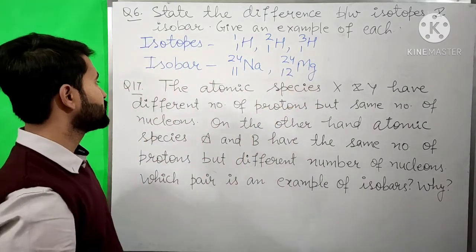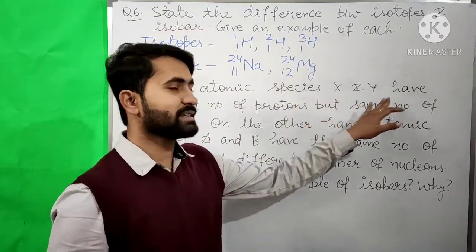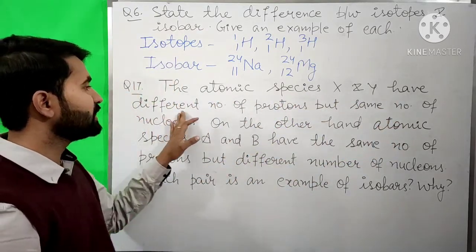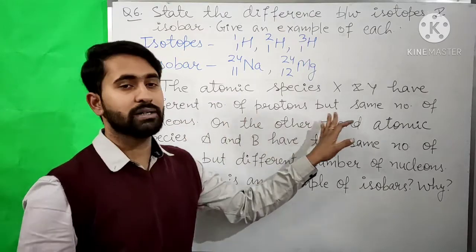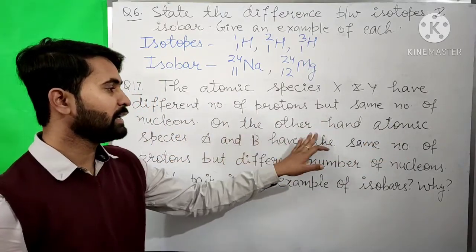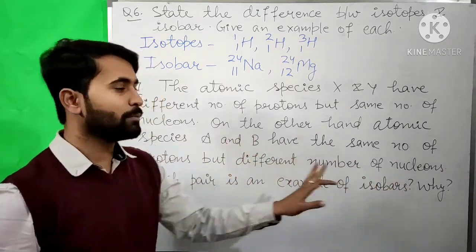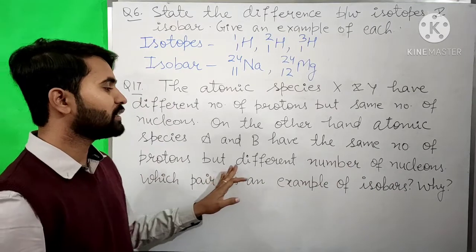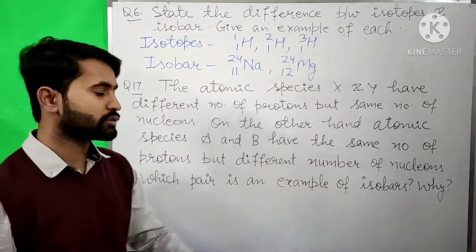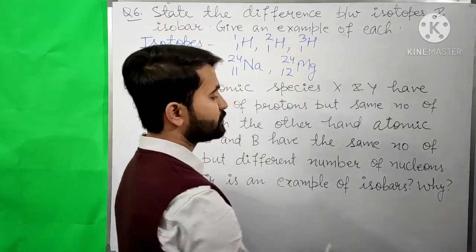Now the question number 7 is, the atomic species X and Y have different number of protons but same number of nucleons. On the other hand, atomic species A and B have the same number of protons but different number of nucleons. Now which pair is an example of isobars?